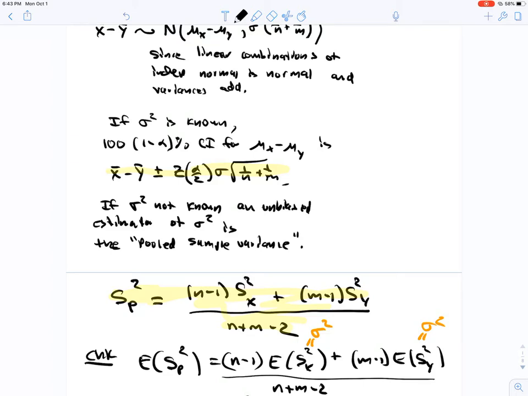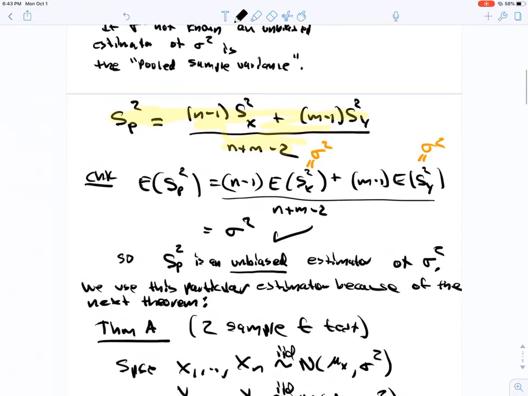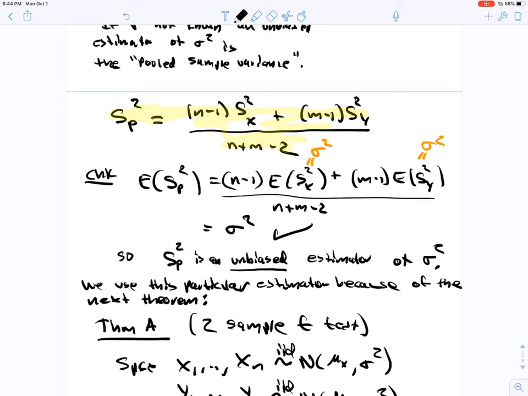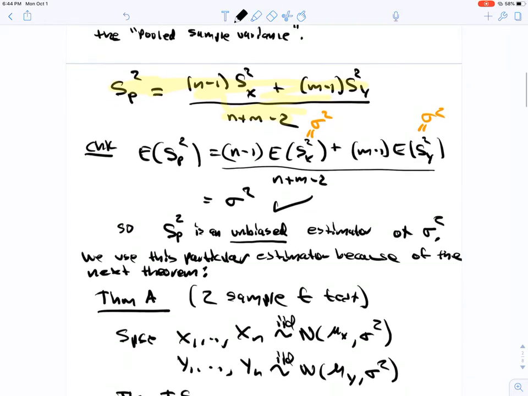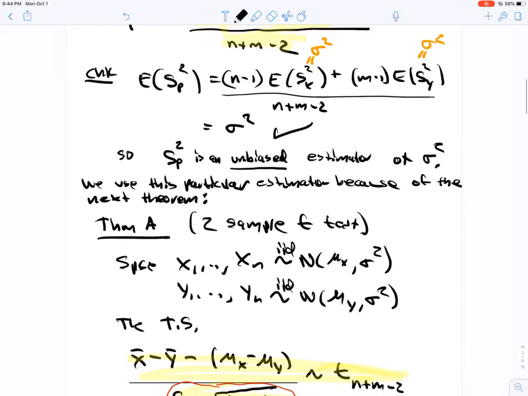If sigma squared is not known, then we have to find an unbiased estimator, and we're going to use the pooled sample variance because it will allow us to do a t-test as we see below. So the pooled sample variance is given in this formula here, and you can check that it is an unbiased estimator.